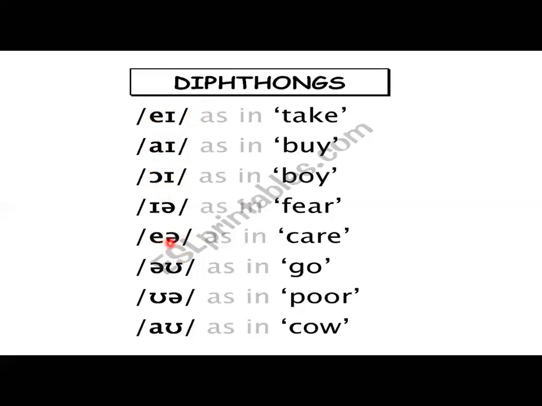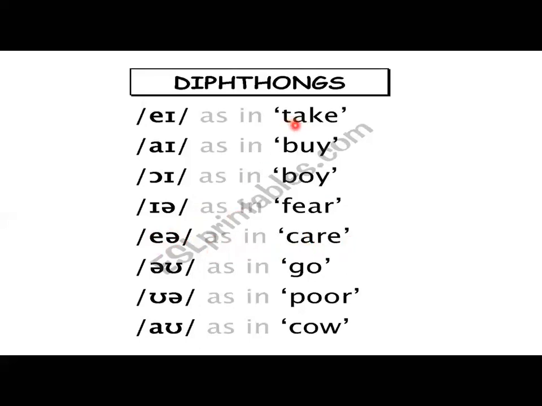It's e plus a, and together they become air. This is different. This is a combination of e and a, and it becomes air. For example, as in the word care. Here a is pronounced as air, and you find the difference here.